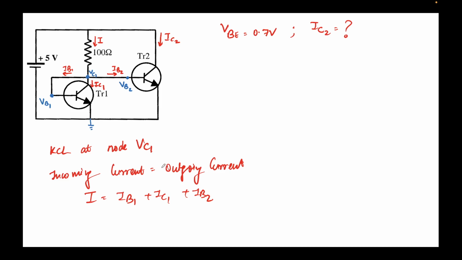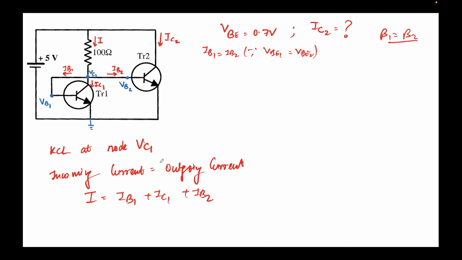Okay, now remember the question said these transistors are identical. What does that mean? If their base-emitter voltage is the same, their IB will also be the same. IB1 will be equal to IB2, because VBE1 equals VBE2. Also, beta 1 will be equal to beta 2, because they are identical.